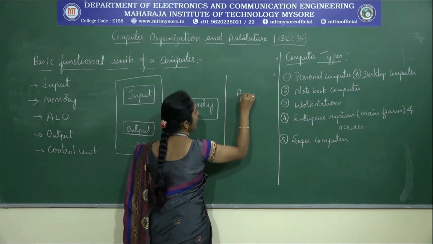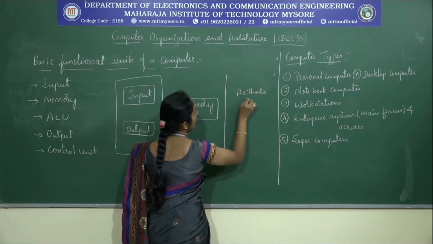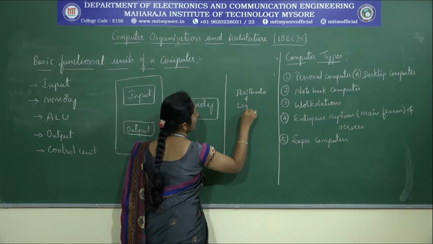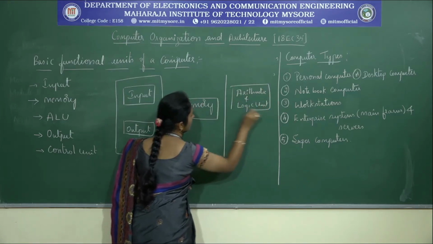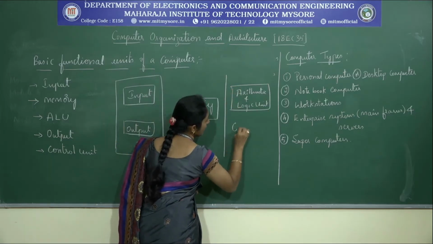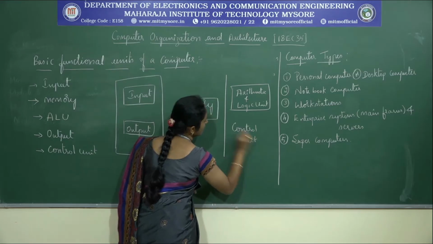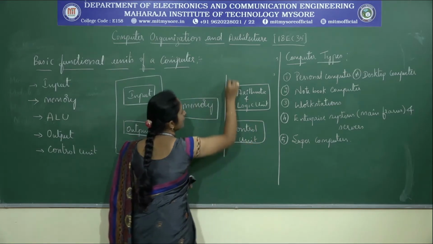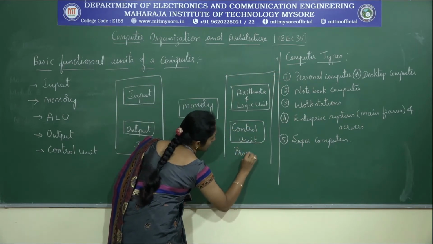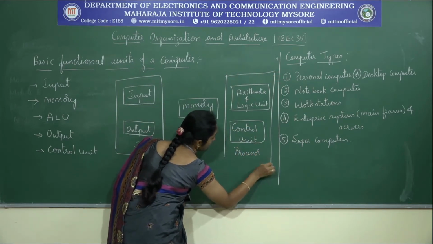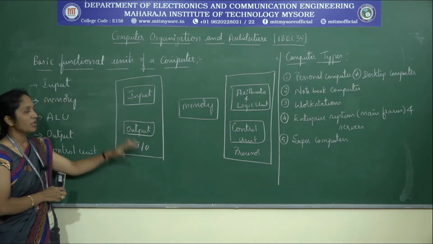Within the processor we have the arithmetic and logic unit, and next we have the control unit. These two together are called the processor. So this is the basic functional unit diagram.